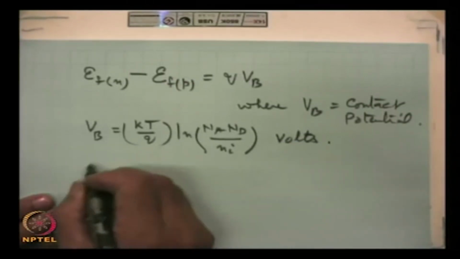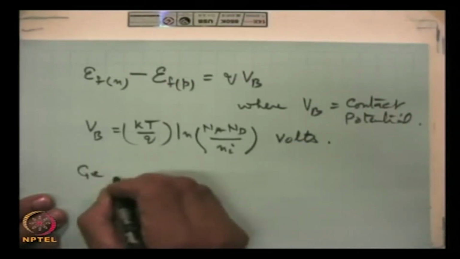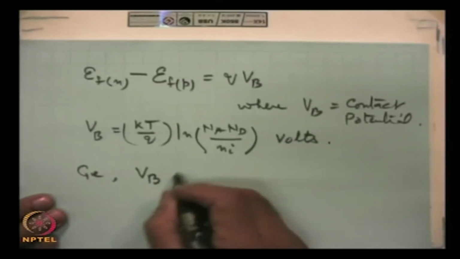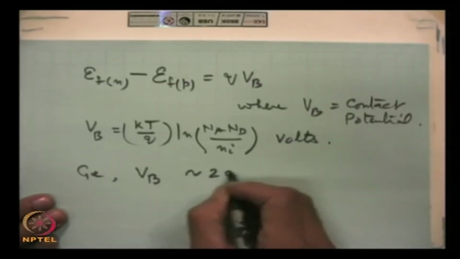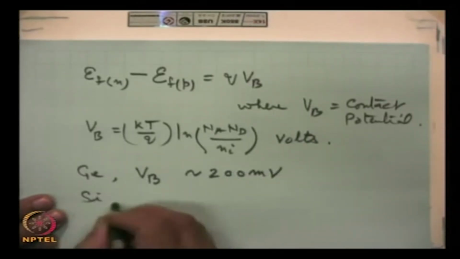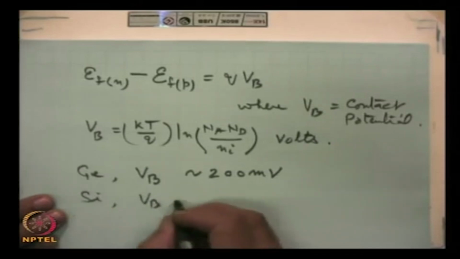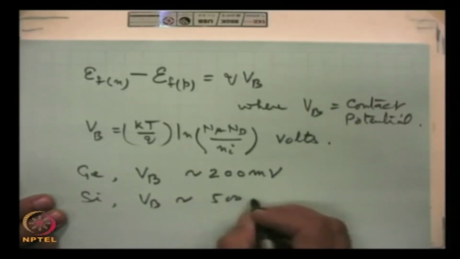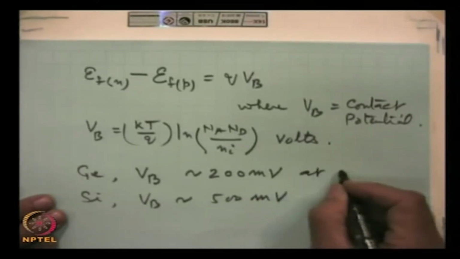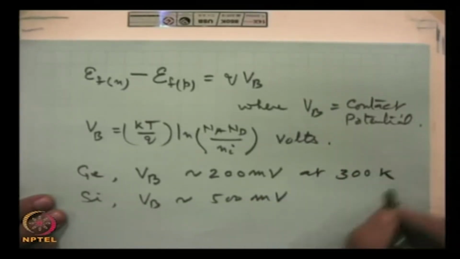For germanium, VB, that is contact potential, is of the order of 200 millivolts, and for silicon this is around 500 millivolts at room temperature, at 300 degrees Kelvin.